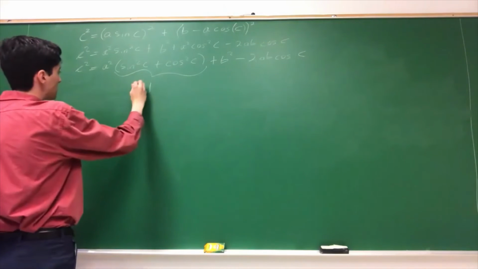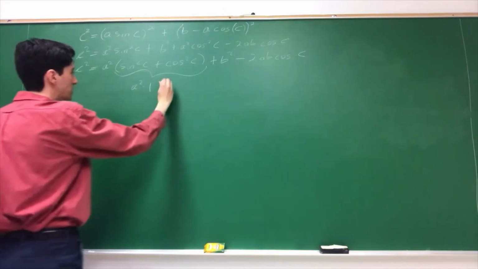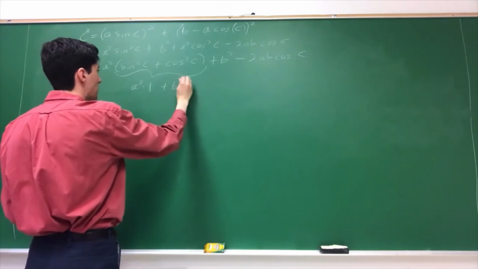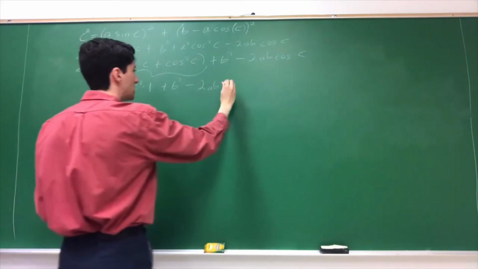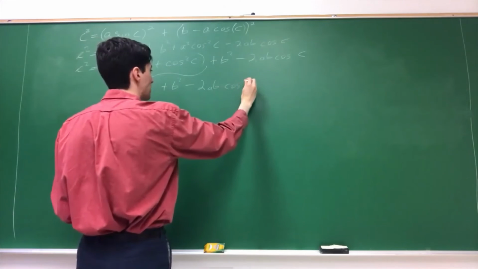So we have a squared times 1 plus b squared minus 2ab times cosine of C.